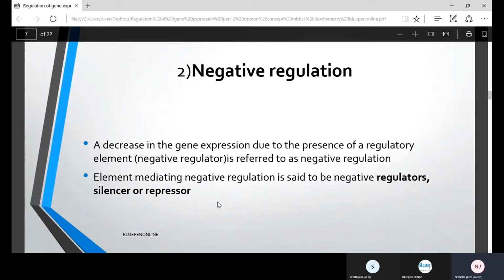The element mediating negative regulation is called a negative regulator, silencer or repressor. We already used these terms at the time of transcription or translation, like enhancer, silencer, repressor, activator, inducer, but at that time we didn't know what they were. Now we know positive regulation, negative regulation, positive regulators and negative regulators.